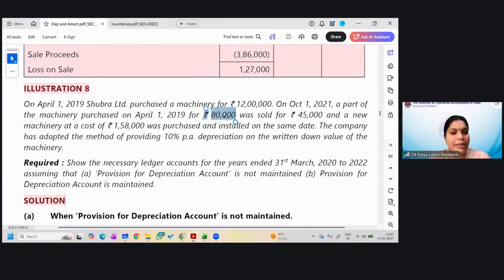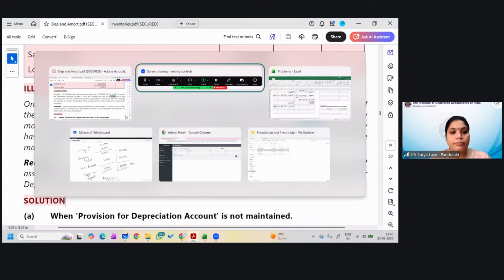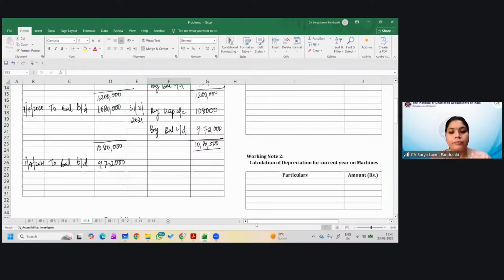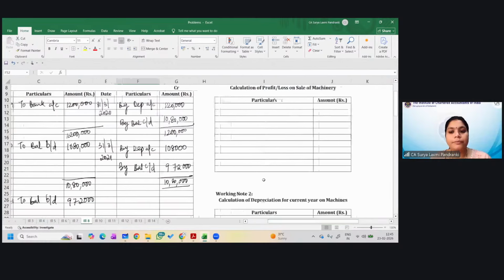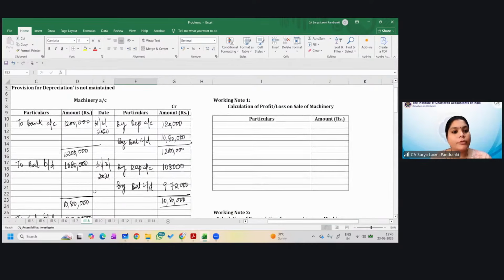The cost of the machine is 80,000 and it is sold for 45. Can I compare these two figures and say it is a loss of 35,000? No, definitely no. Why? It is because I told you clearly cost and the sale proceeds cannot be compared. Carrying value and the sale proceeds have to be compared for sure, right?